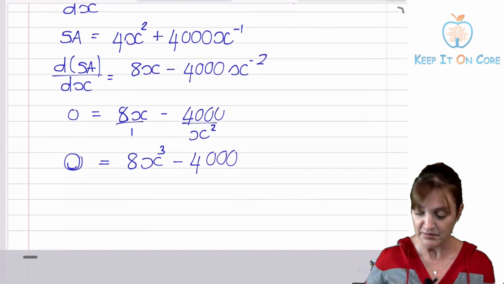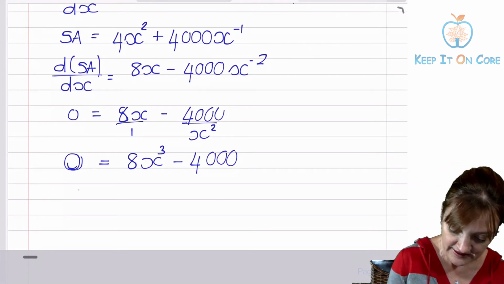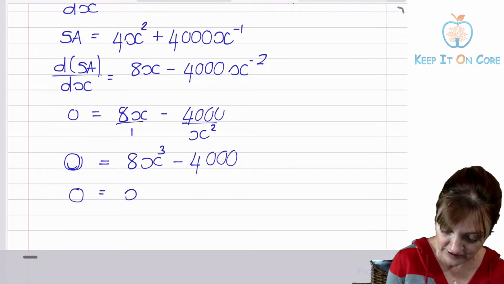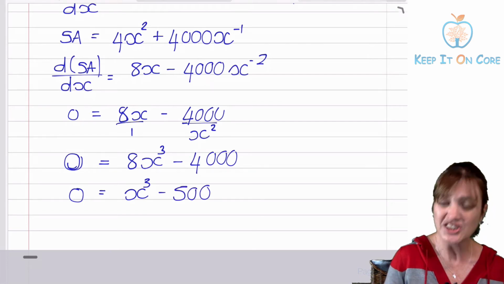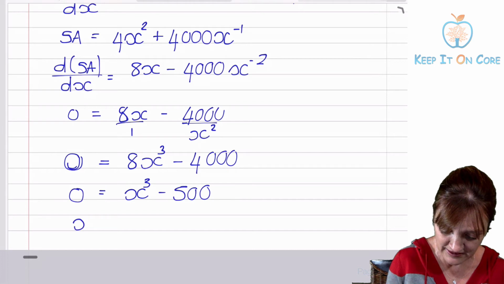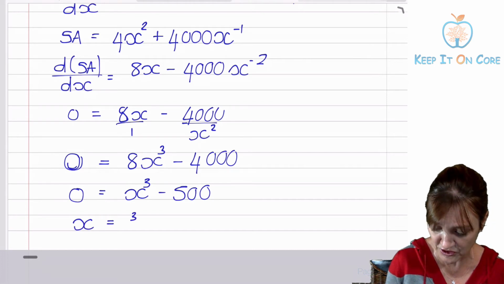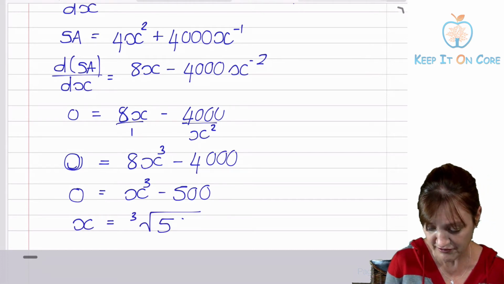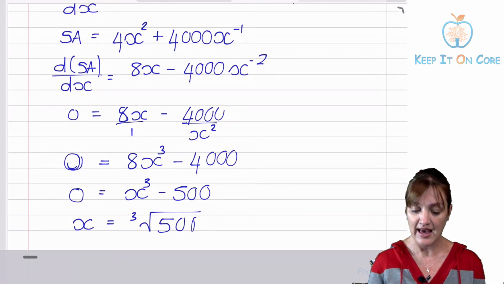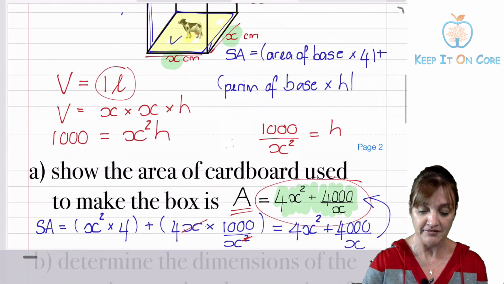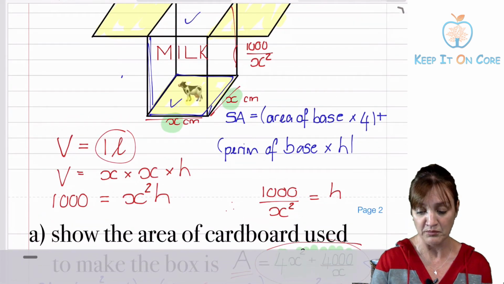And we are going to simplify that. What does that come out to be? We're getting x cubed minus 500, which if we simplify, we're going to land up with x being equal to the cube root of 500 as your value for x, which is going to be the dimension of x for your cardboard box.